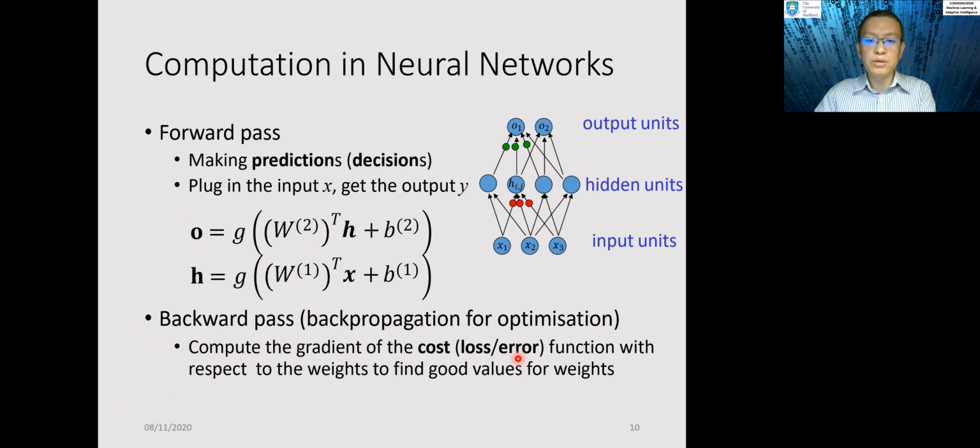We use different names, but they all mean the same thing: the cost function, loss function or error function. And we compute the gradient of such a cost function with respect to the weights, so as to find good values for the weights to achieve good prediction accuracy.